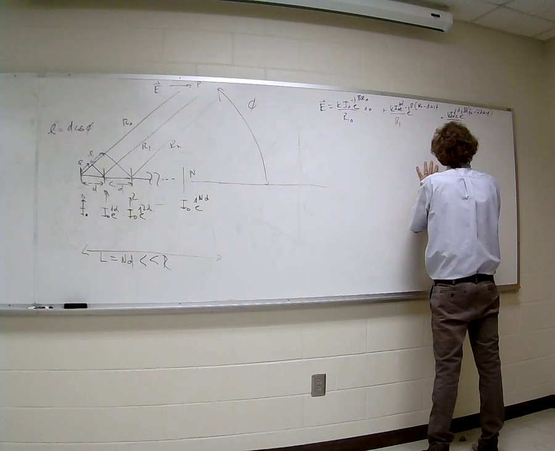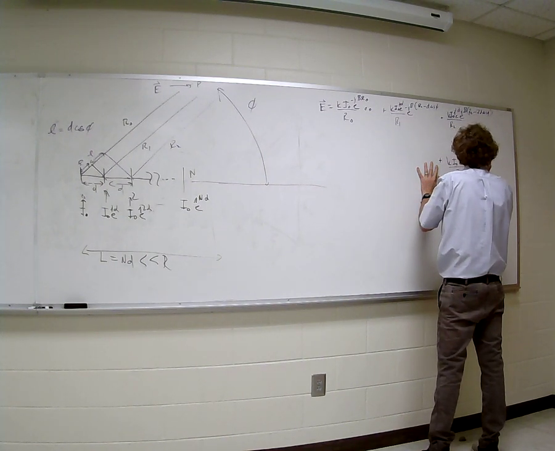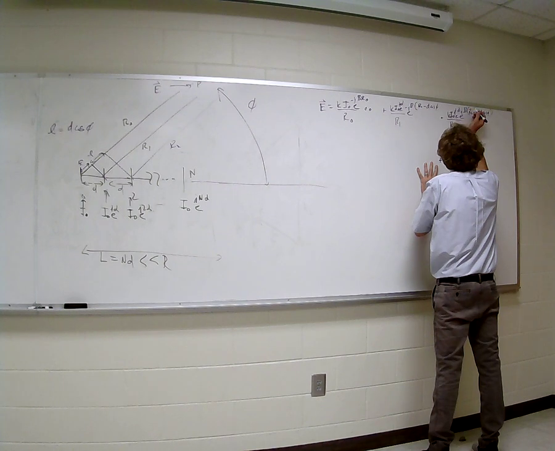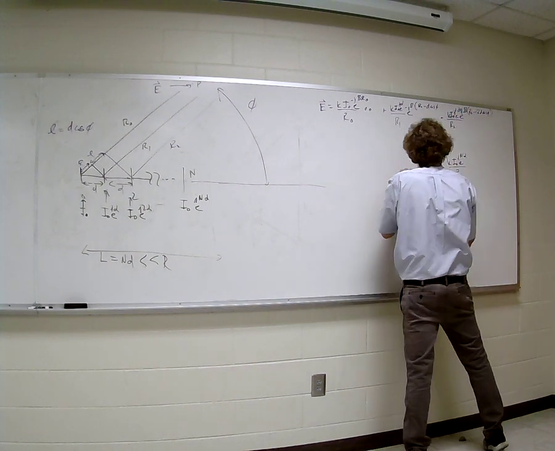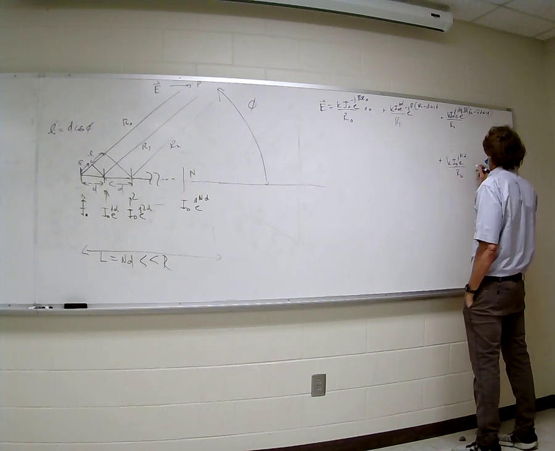It's going to be K I naught e to the j n alpha over r to the n. That should be a minus right there. I'll clean it up for you in a second.